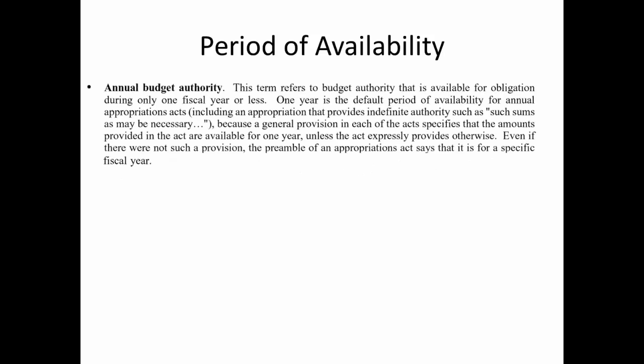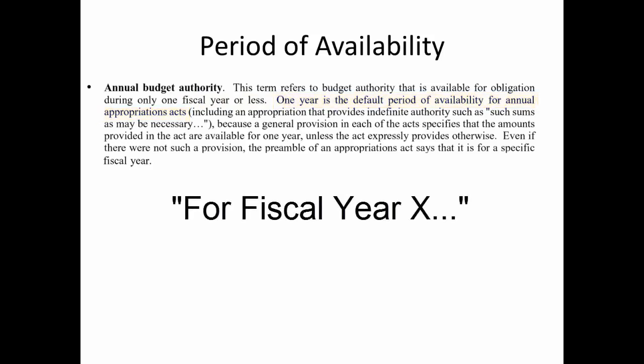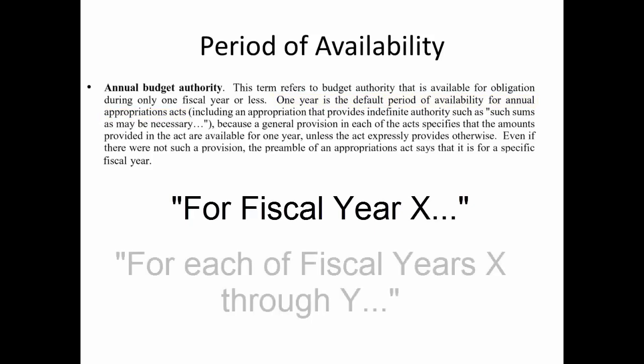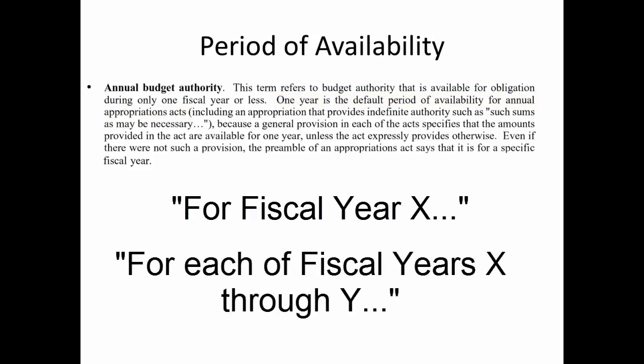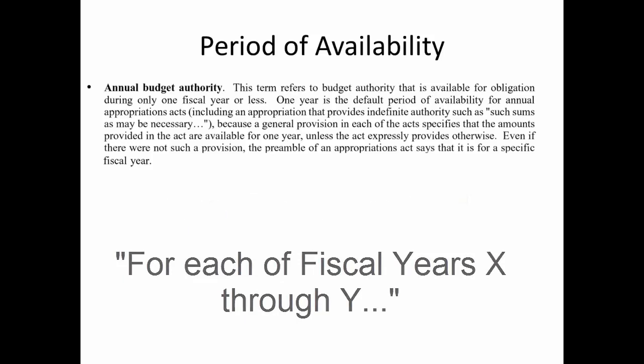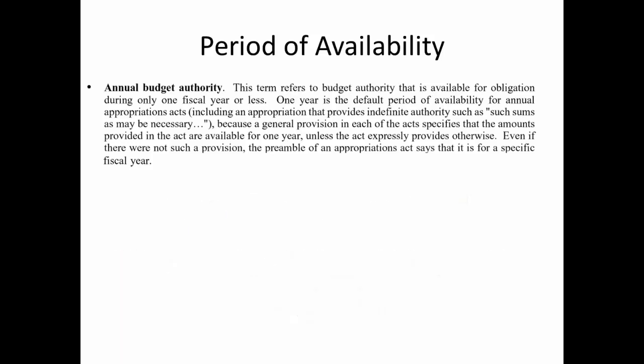Annual budget authority is authority that's available for obligation during only 1 fiscal year or less. We know from Module 1 that this is the default availability for annual appropriations acts. The phrases "for fiscal year X" and "for each of fiscal years X through Y" are typical for an annual or 1 year availability.